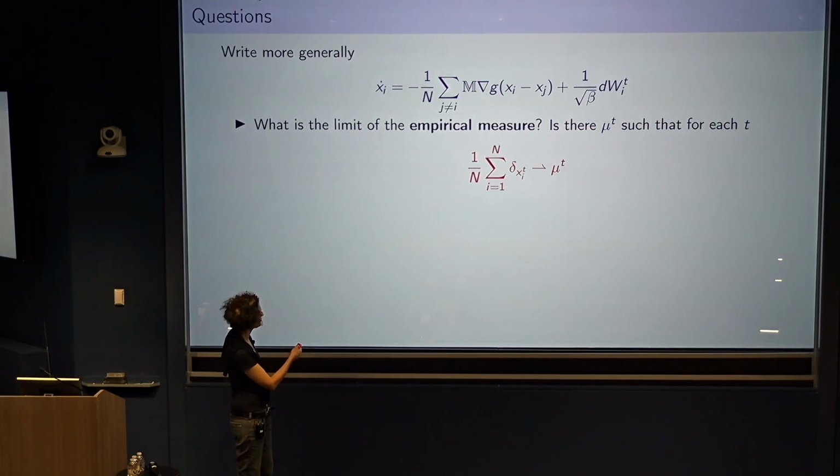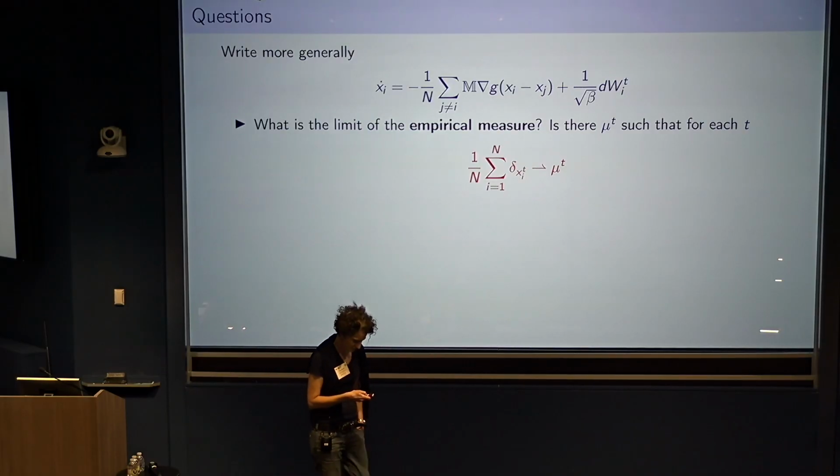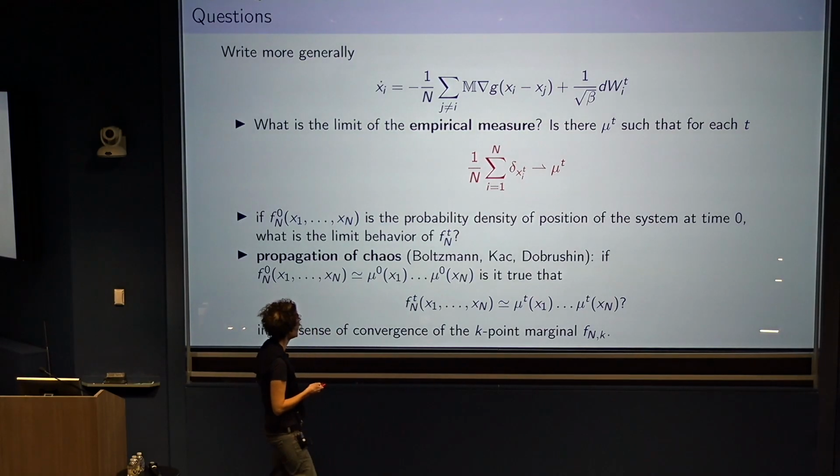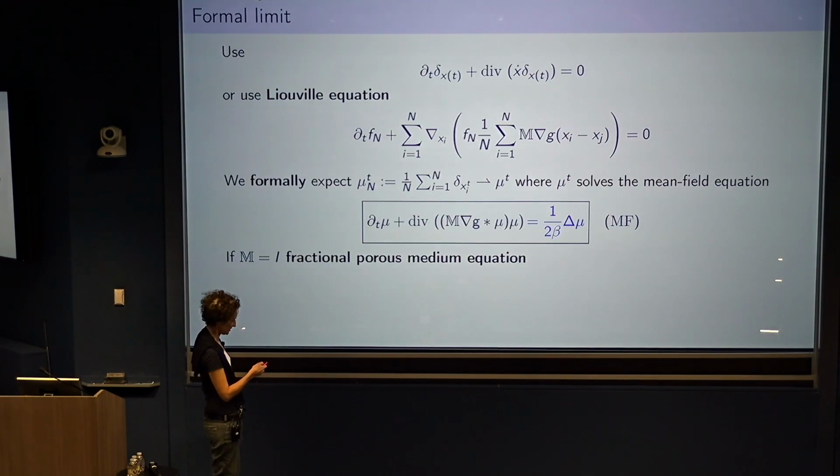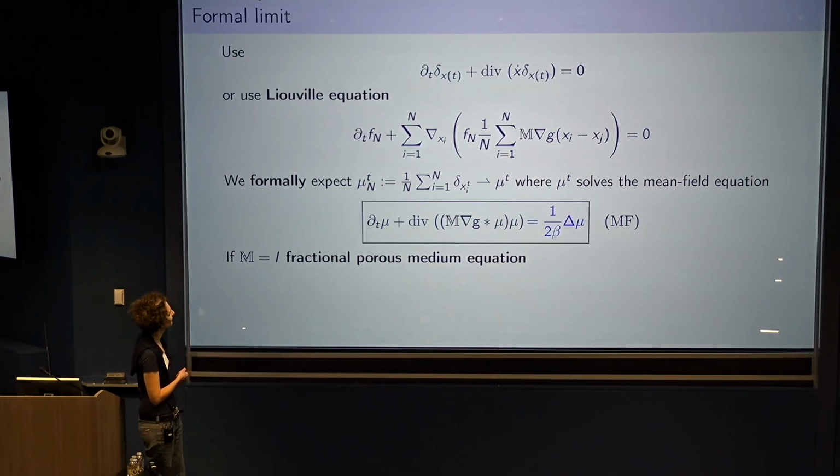Right, so if this is your evolution, you can view this as the gradient of G integrated against the empirical measure and then evaluated at x_i. So you replace the empirical measure by the limit, that gives you a convolution. And so this is why you will find a relation of this form. And if you have noise, of course, you add the standard Laplacian term.